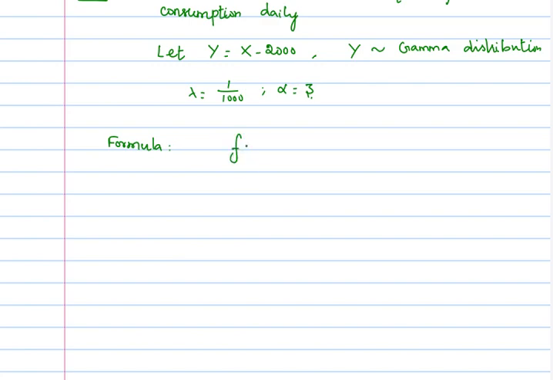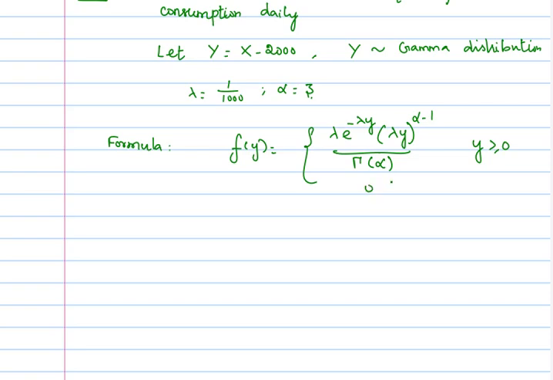F of y equal to lambda times exponential of minus lambda y times lambda y whole power alpha minus 1 divided by gamma of alpha, where y is greater than or equal to 0, 0 otherwise.